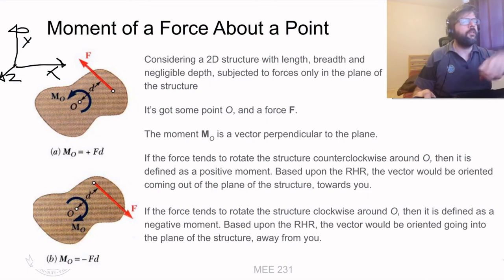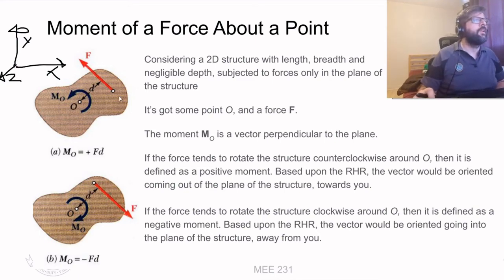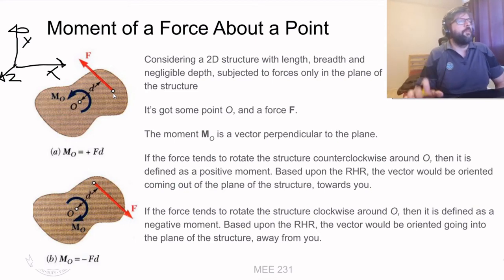I can't really show it on the screen very well, but if you curl your fingers from X towards Y, your thumb will be sticking out in the positive Z direction. So that is basically the definition of a positive moment.